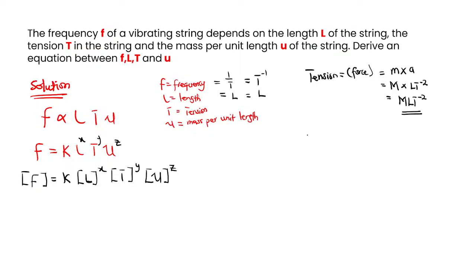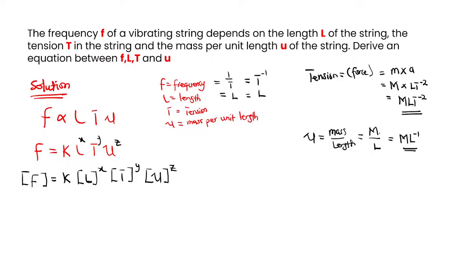Now for the next one, which is mu, which the definition is telling us mass per unit length. Mass per unit length means mass over length. Are we okay? And for mass, the dimensional equation for mass is M. The dimensional equation for L, which is length, is L. So I have here ML^-1.